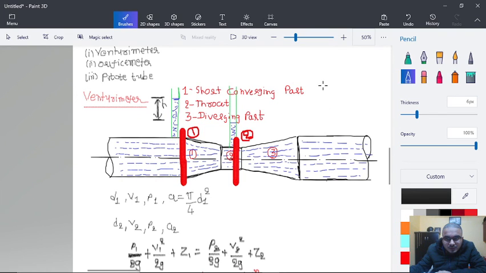So this h will be equal to P1 minus P2 upon rho g.